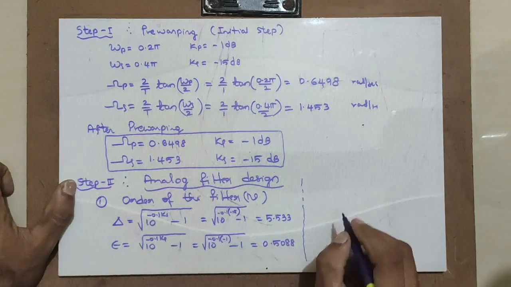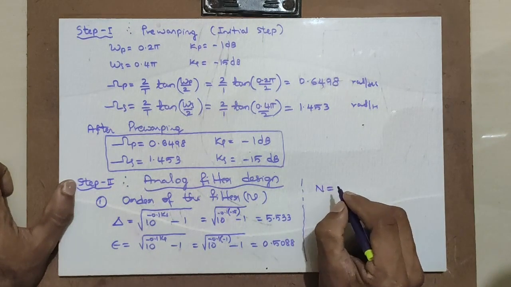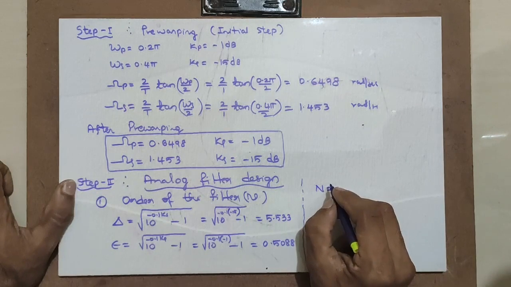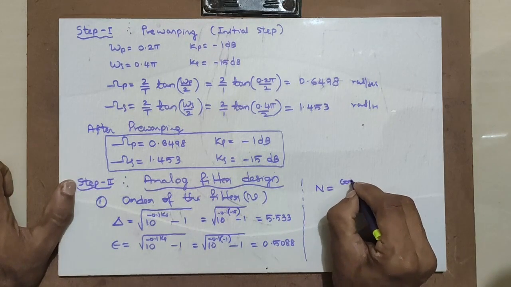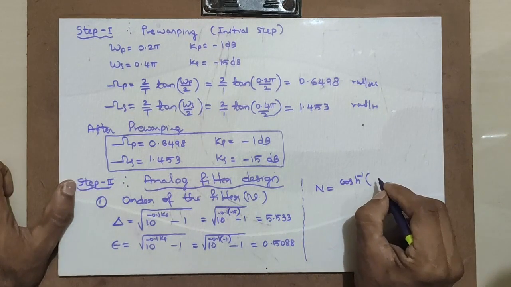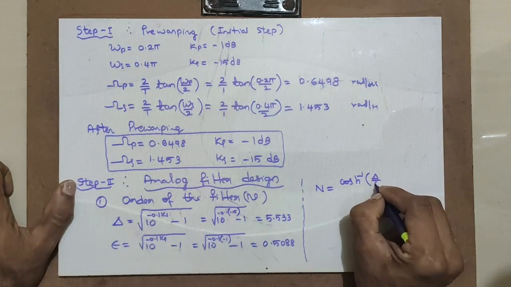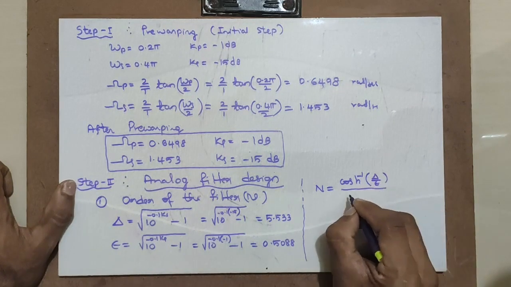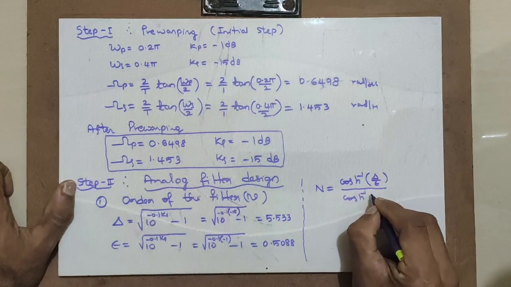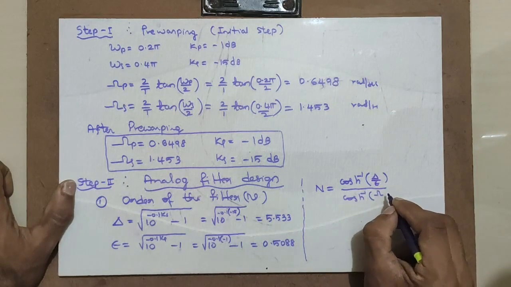You have to apply the cosh inverse formula. N is equal to cosh inverse of delta by epsilon, whole divided by cosh inverse of omega s by omega p.